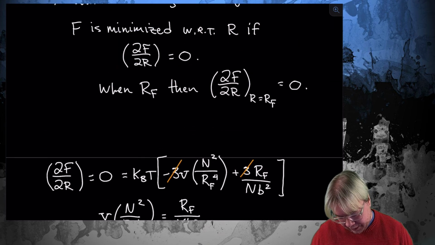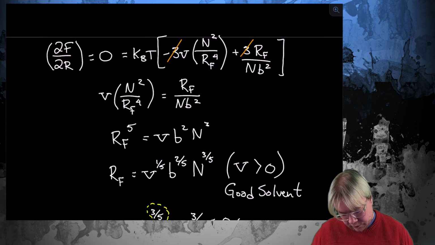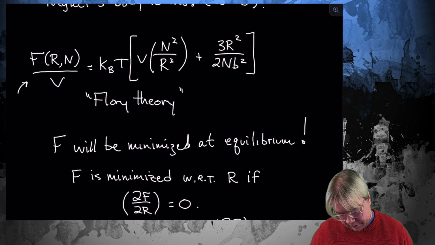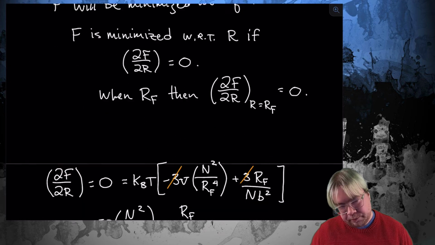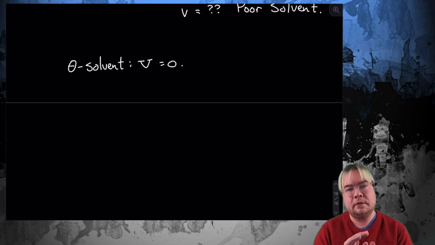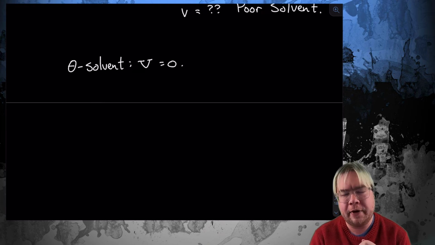Try to make v equal to 0, take the derivative, and set that derivative equal to 0, and try to solve for the size of the chain. It's not going to give you a really nice value. You're going to get that the size of the chain is 0. So what does that mean? It means that the chain wants to collapse. Well, that's not right, because we know that's not right.